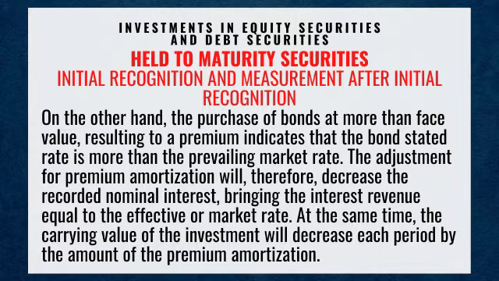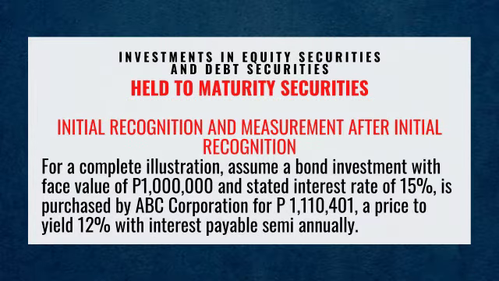of the premium amortization. For a complete illustration, assume a bond investment with face value of 1 million pesos and stated interest rate of 15% is purchased by ABC Corporation for 1,110,401 pesos, a price to yield 12% with interest payable semi-annually.